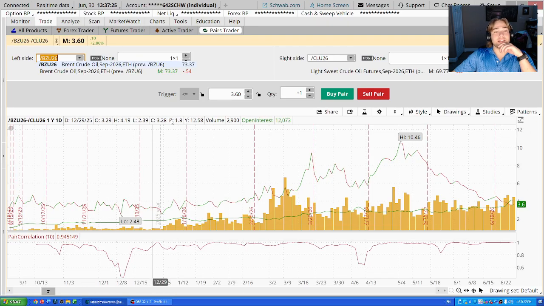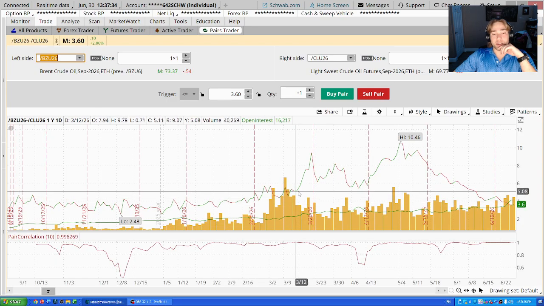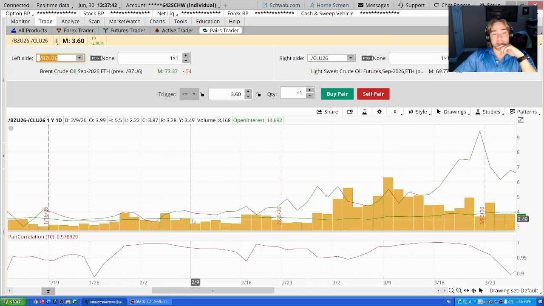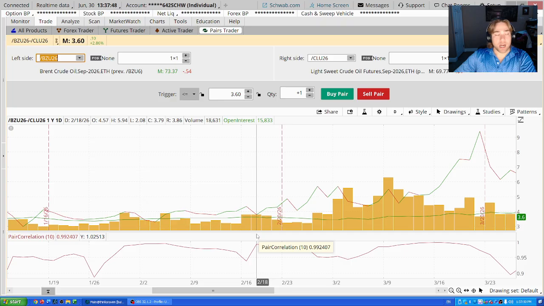So if we look at the September Brent minus the September crude, you can see the premium built up. Even though the outbreak of the war was in March, you actually saw the premium build up with geopolitical narratives, media narratives around troops, around arguments within the two governments.